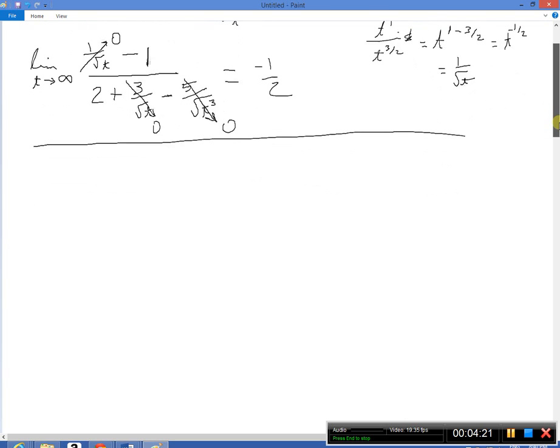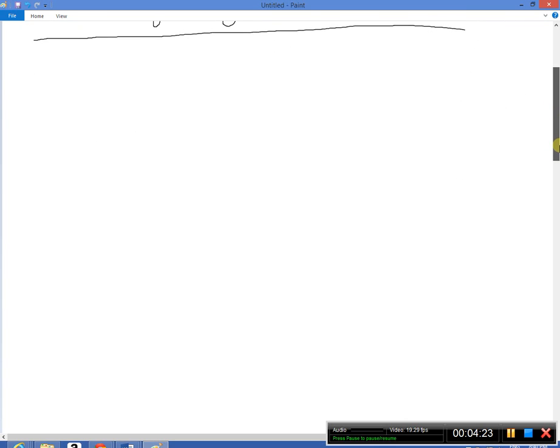Okay, that brings us to the infamous number 2 from quiz 7. In number 2, you were asked to find the limit as x goes to minus infinity of x plus the square root of x squared plus 2x.